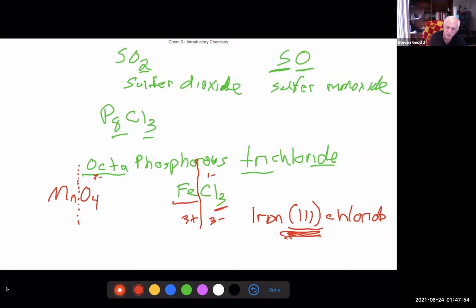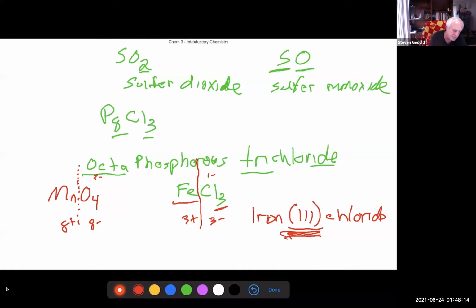And how many do we have? 4. 4. So what's the total negative charges? We have 4 -2 charges. So we have a total of -8, right? So this has to have a positive on this side.